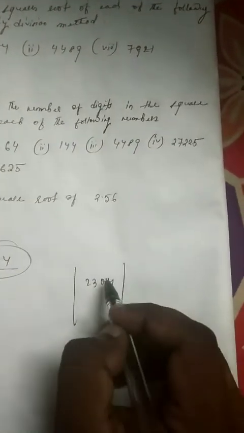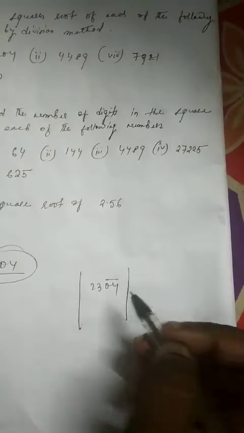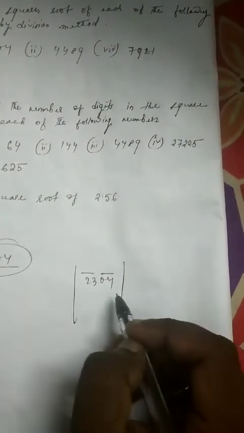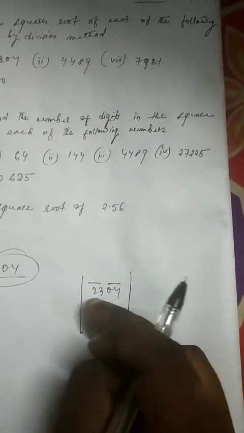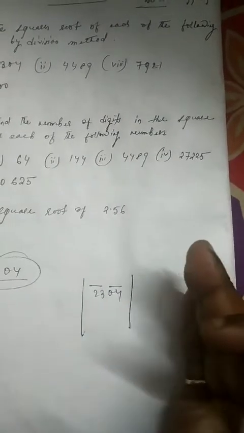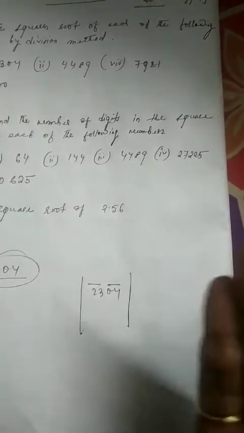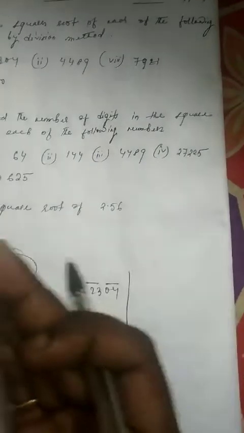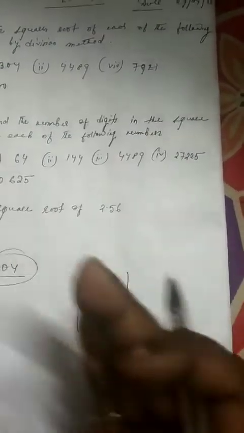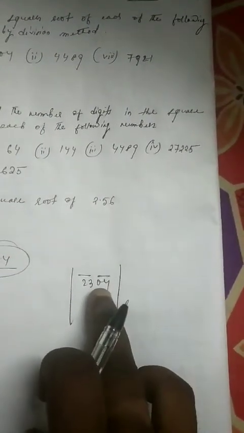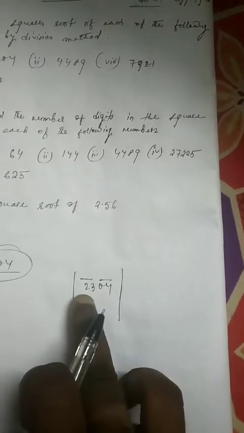So I'm starting from here: this two numbers, then these two numbers. First 04, then 23. From right hand side towards left hand side, 04 is one pair and 23 is one pair.